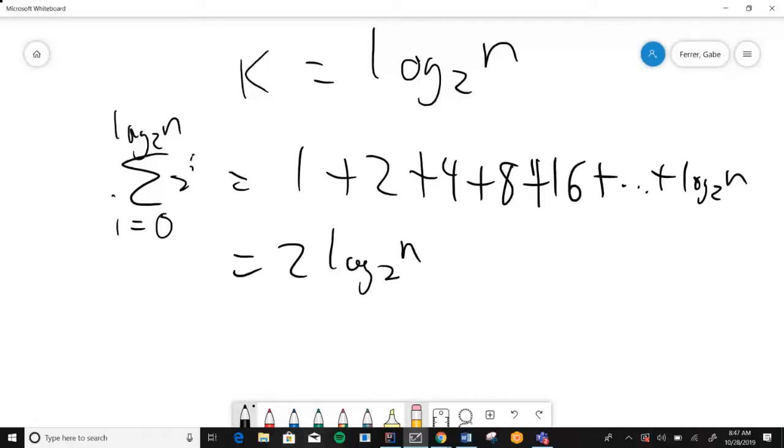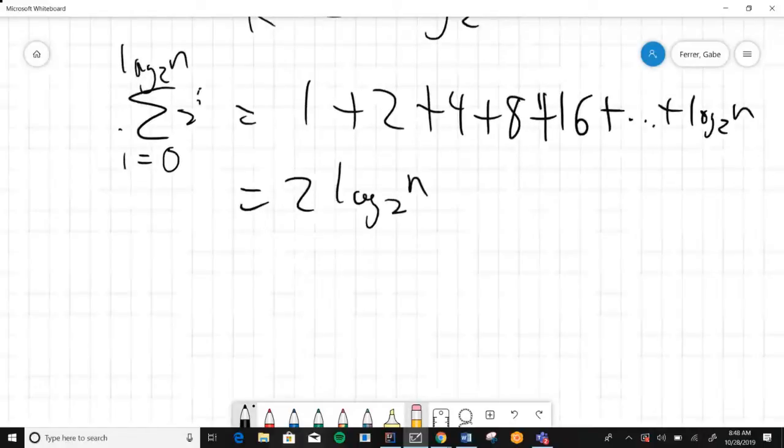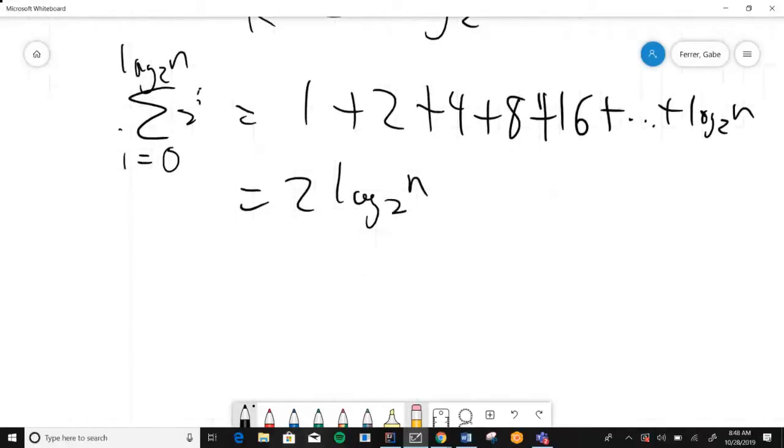It's basically going to be 2 times the log base 2 of n. So given that, we say that the expected case for a search of a skip list is big O of log n.